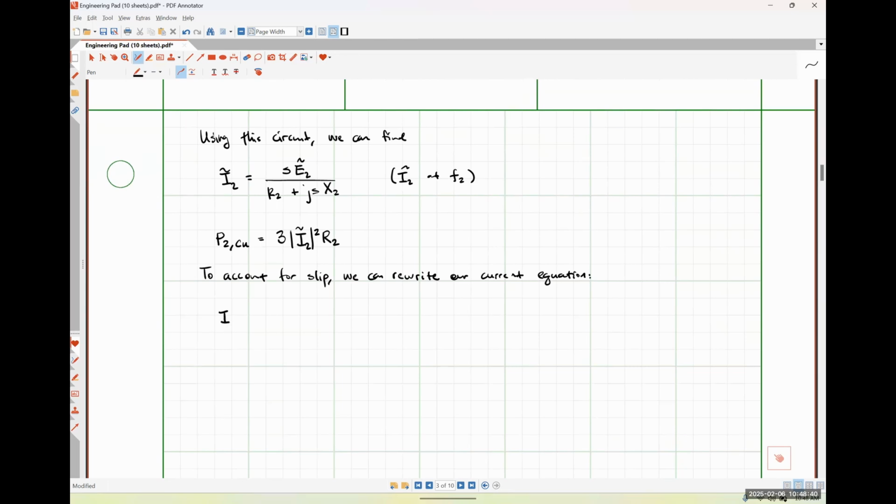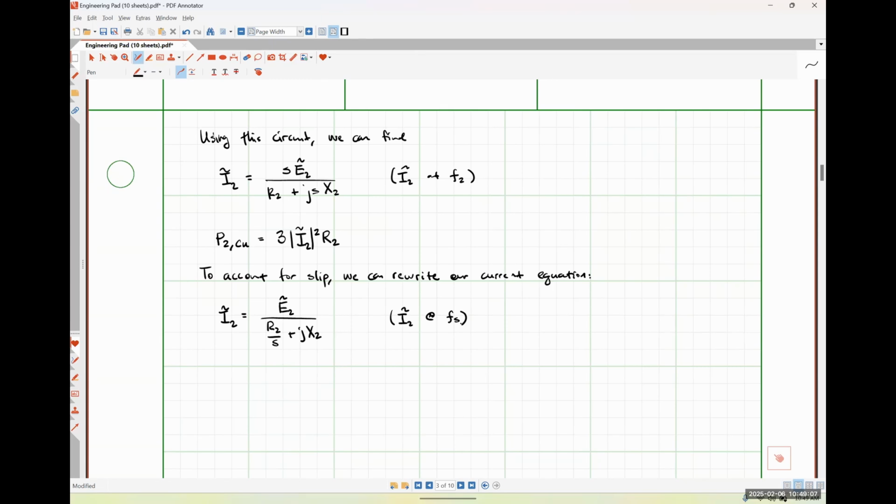So we would have I2 is equal to E2 divided by R2 over S plus jX2, where this current for I2 is at the frequency of our stator windings.